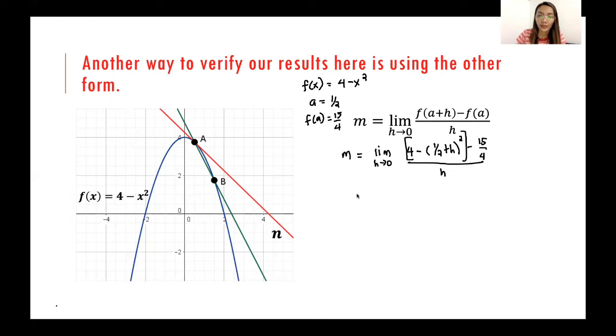Okay, so that is equal to the limit of, now let us factor. Ito munang nasa parenthesis, we have 1/2 plus h squared.